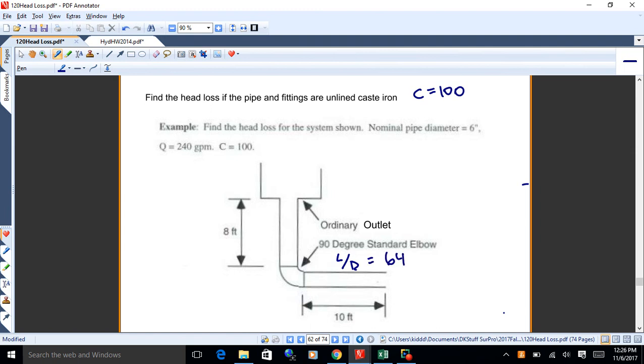And then we've got an ordinary outlet, from flush pipe to reservoir. L over D is 20. So I'm just on that chart on page 123, finding those L over D values.